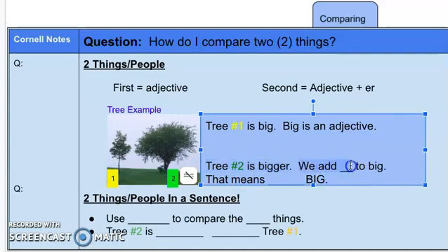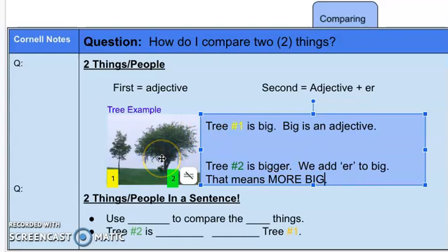We add ER to big. And I can even put little quotes around here so you know we have to add ER to big. That means it is more big, okay? Más grande, okay? All right, so let's take a look at the sentences then.